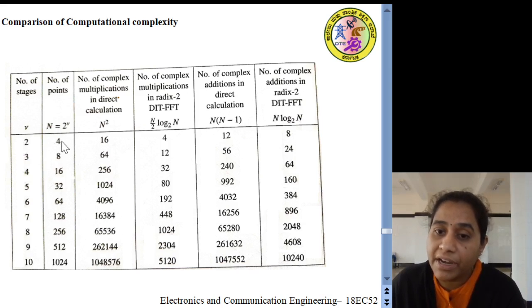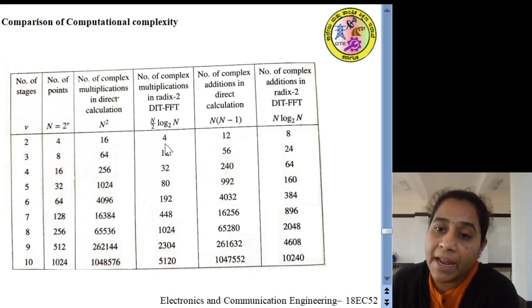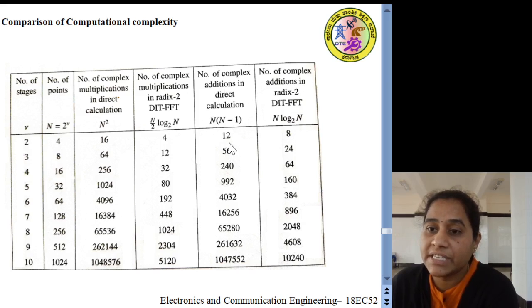For finding a 4-point DFT, in the direct method 16 complex multiplications are involved, and in DIT FFT 4 complex multiplications. In direct computation there are 12 complex additions, and in DIT FFT there are 8. We can observe 16 reduced to 4, and 12 to 8.